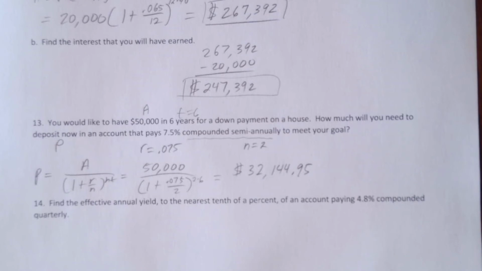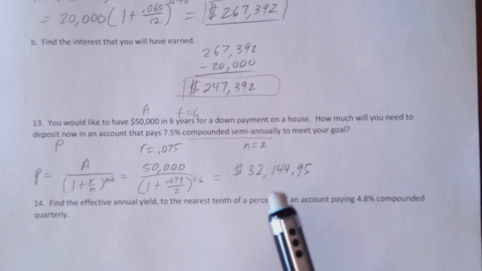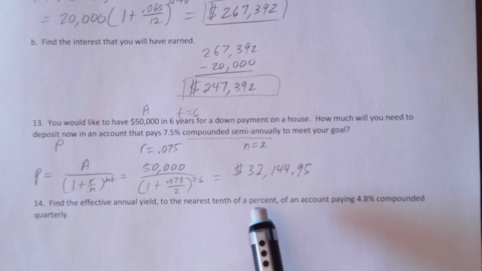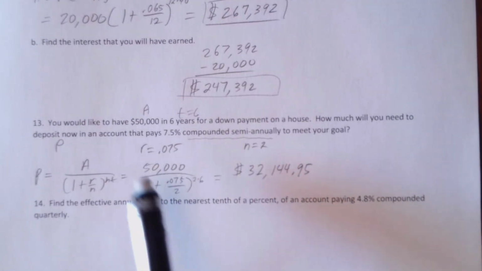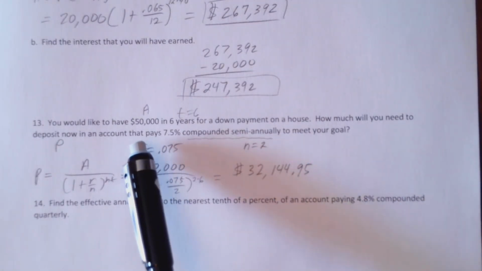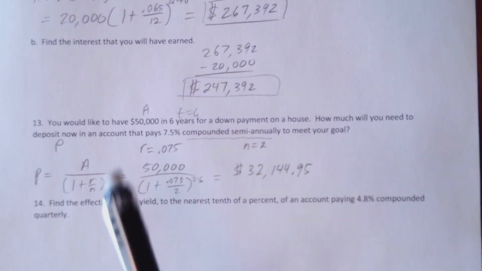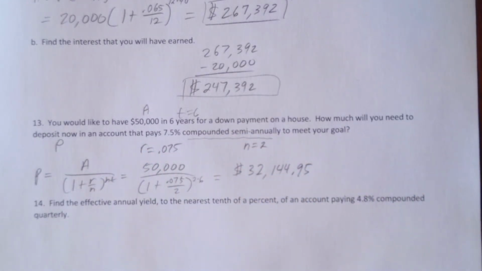That's what you would have to invest now so that you would have $50,000 in 6 years. That's making you some pretty good interest. Of course, that's at a 7.5% interest rate, which is not something you could find right now, not very easily anyway. The other thing I would have you notice is, this is what you paid. If you subtract that from 50,000, that would tell you what you actually earned in interest if you were asked.